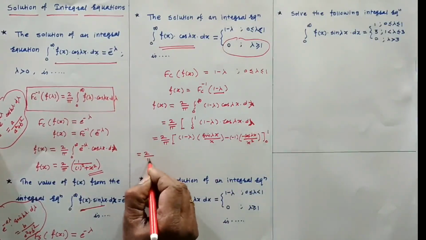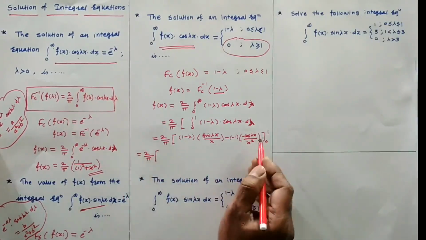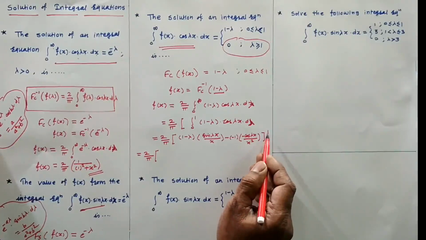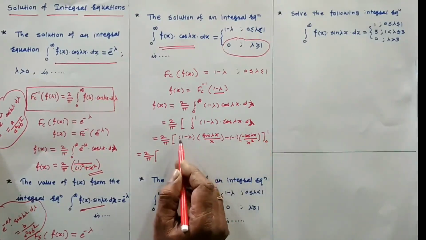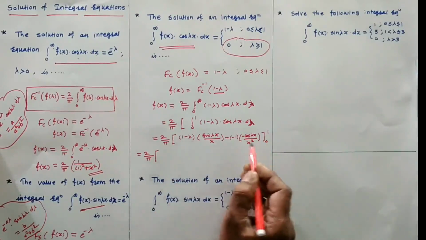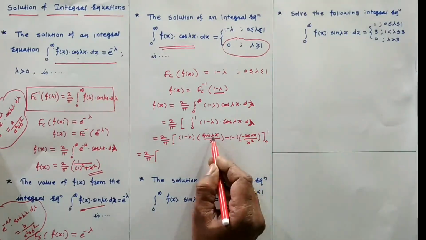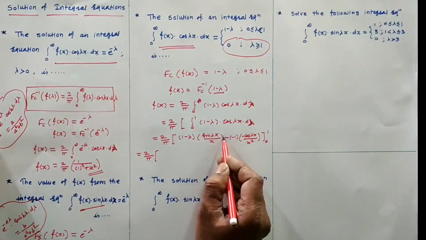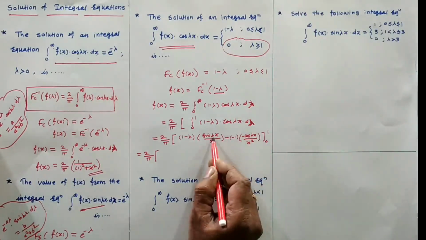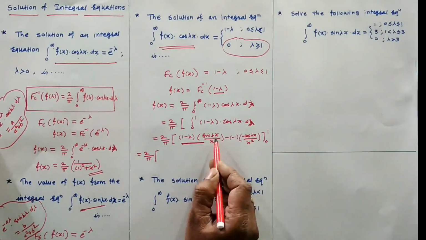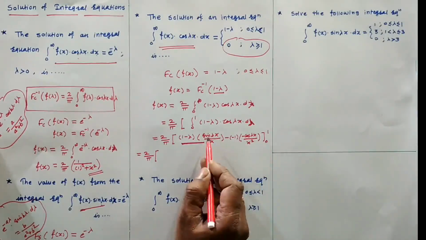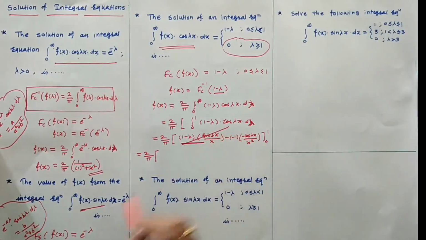Next step, 2 by pi. Put lambda equal to 1. If you put lambda equal to 1, then 1 minus 1 will be 0. And if you put lambda equal to 0, then sin 0 will be 0. So for lambda equal to 1 this term is going to become 0, and for lambda equal to 0 this term is going to become 0, which means this will be cancelled out.